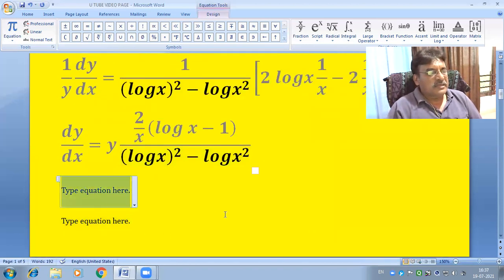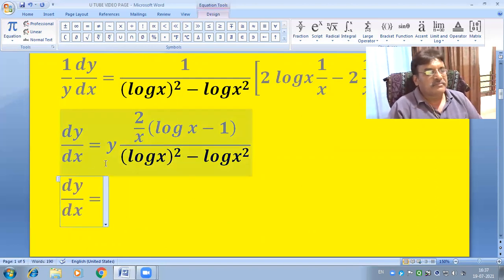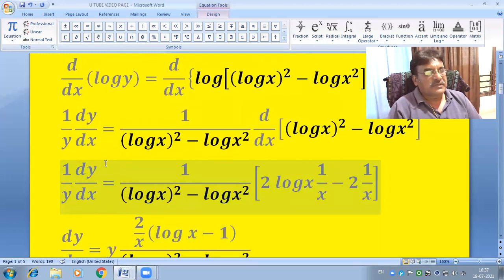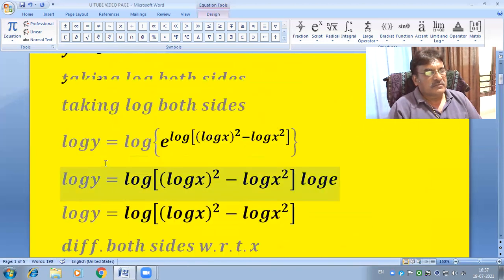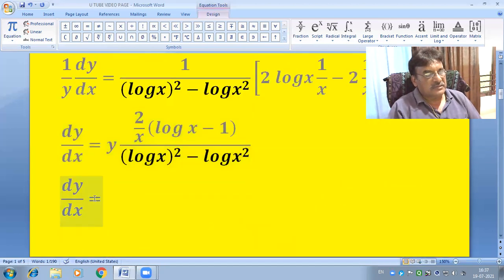Therefore, here dy by dx is equal to y, but y is the given function. So we write here y is equal to e to the power (log x)² minus log x². So write this here, y is equal to this function.